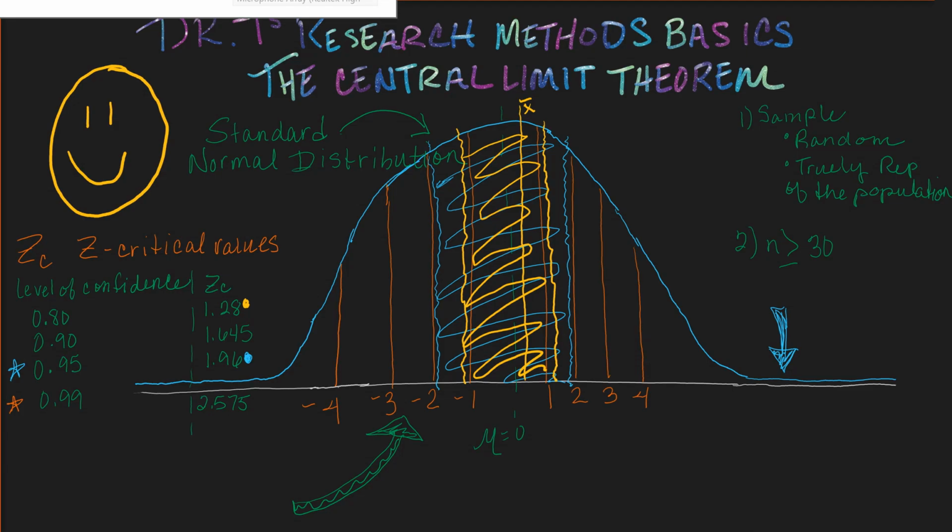But what would be awesome is, let's say we are hoping to find that an individual observation or an individual X falls somewhere out here.